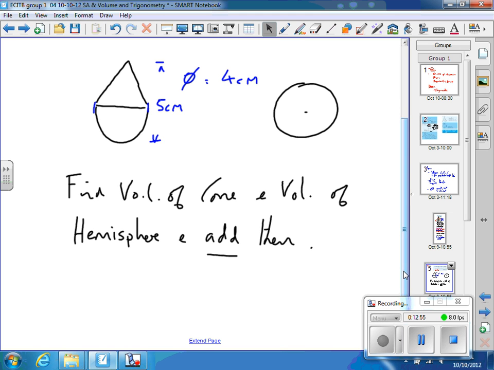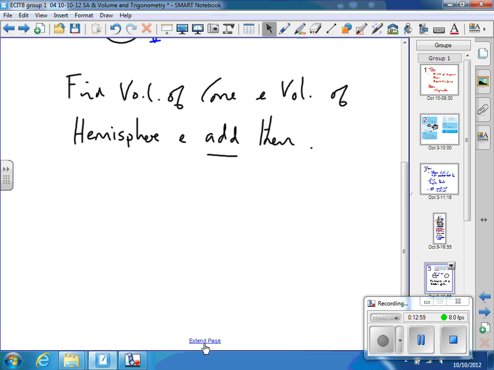Formula for the volume of a hemisphere. Can anybody remember it? Hemisphere, let's call it HS for hemisphere, is volume of the sphere, yep, so over 2. And for the cone?